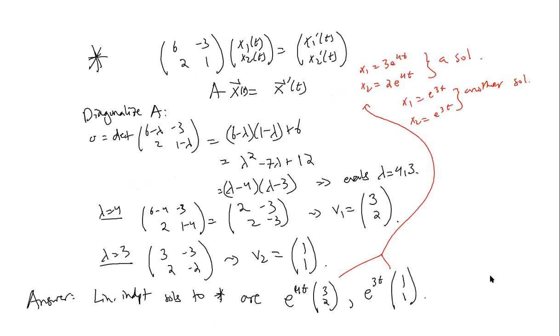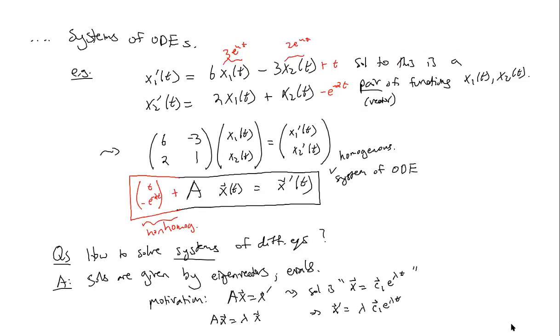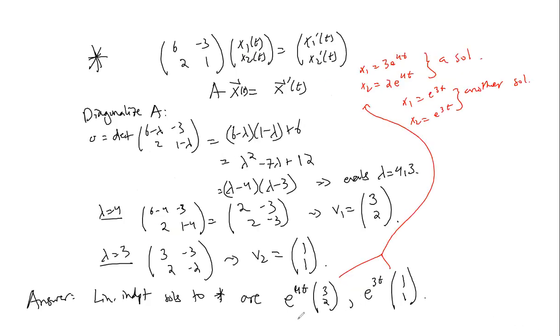All right, so let's do another example. How did we know what to guess for the expression of x in the system of equations? You mean like, how did we know these are solutions? Basically, I'm just telling you that that's the answer.